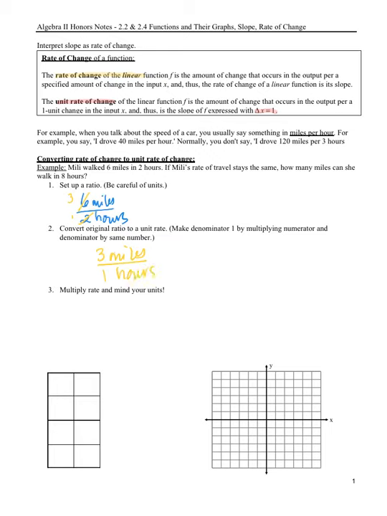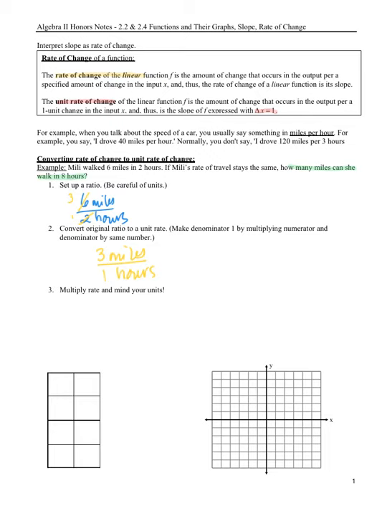Now, we have to think about how we can multiply our units. So remember, we want to answer a specific question. The question was, how many miles can she walk in 8 hours? So this is where we have to multiply our rates because we don't want to know how many she walks in 1 hour.